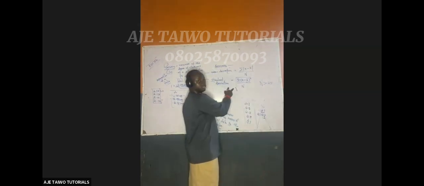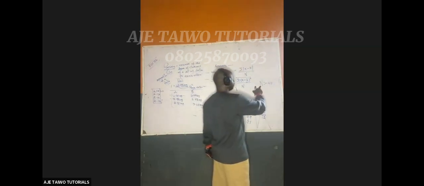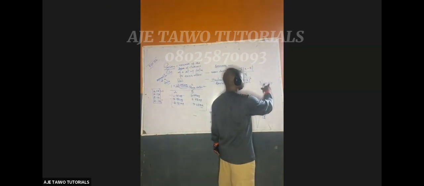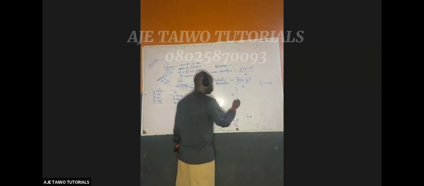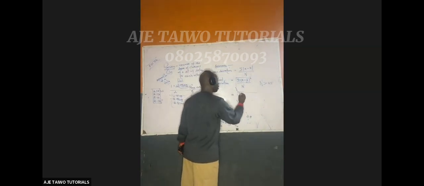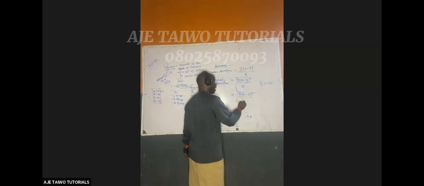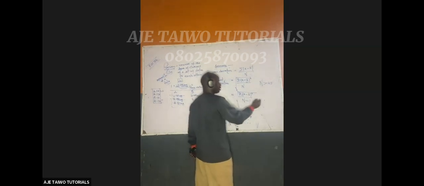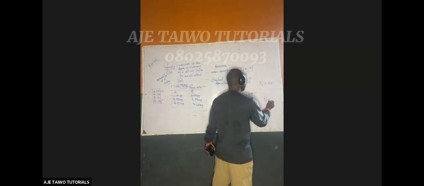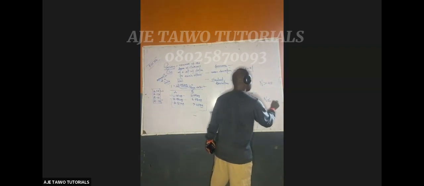This formula is only used if the number of data is greater than 25. It's also equal to the square root of summation x minus x bar all squared over n minus 1. This one is used when n is less than or equal to 25.